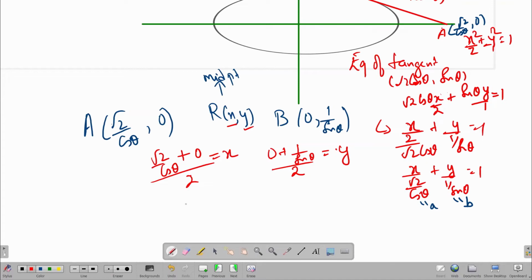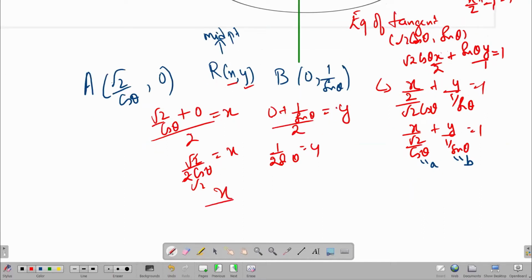This is equal to x, and here I get 1 by 2 sin theta equal to y.